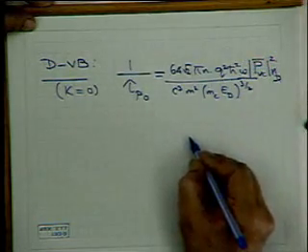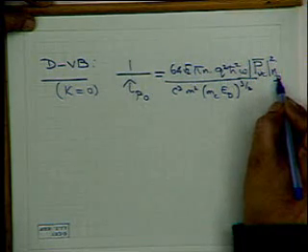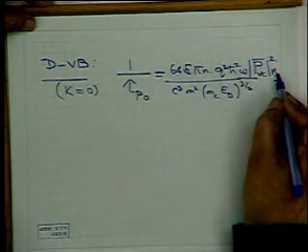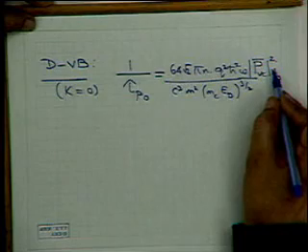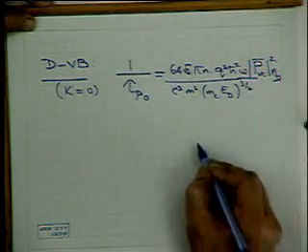This is the concentration of electrons in the donor, because this determines the probability of these electrons making a transition from the donor to the conduction band.